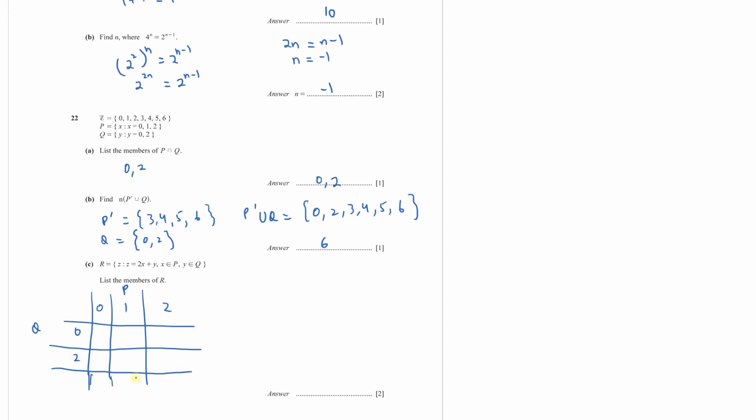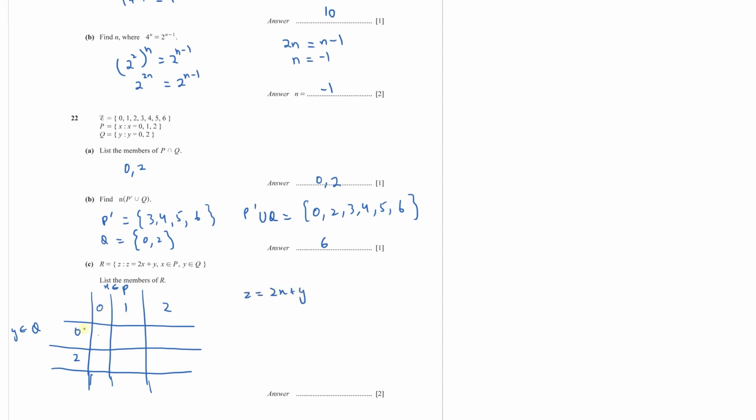So now I have to compute these values, which basically give me all the possible combinations of elements in set P and Q. So let's take this first value here. This is y, and this is x belonging to P. So my z equals 2x plus y.